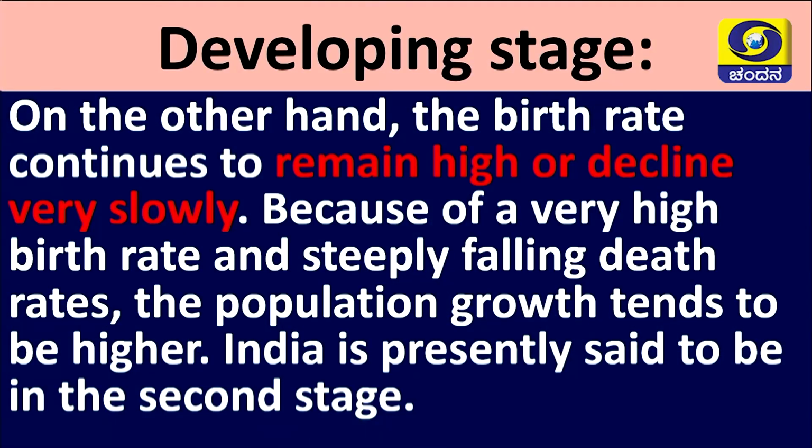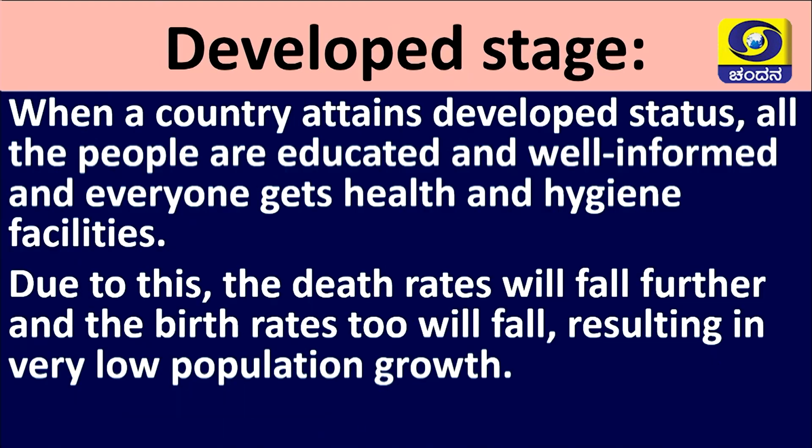On the other hand, the birth rate continues to remain high or declines very slowly. Because of a very high birth rate and steeply falling death rates, the population growth tends to be higher. India is presently said to be in the second stage of demography. So, that is the demographic transition.